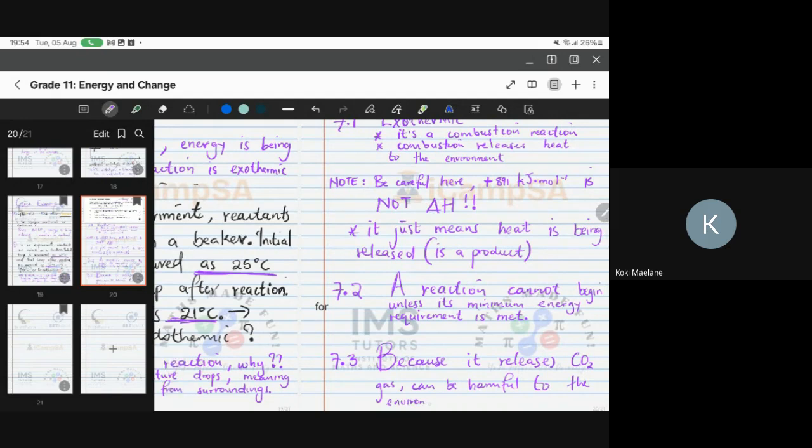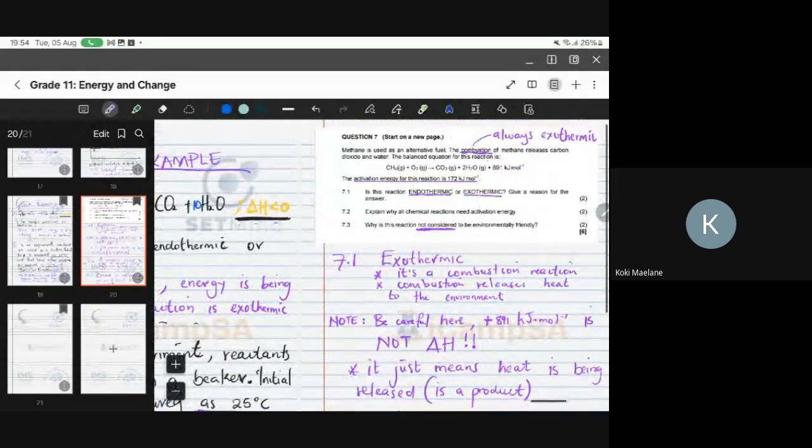Typically, in a case like this, all your answers lie in the given chemical reaction. Why is it not very friendly to the environment? Because remember, carbon dioxide is one of those gases that damage the environment, such that companies even get carbon emission taxes to reduce their emissions, because eventually it harms the ozone layer.